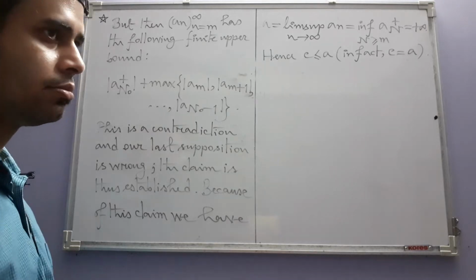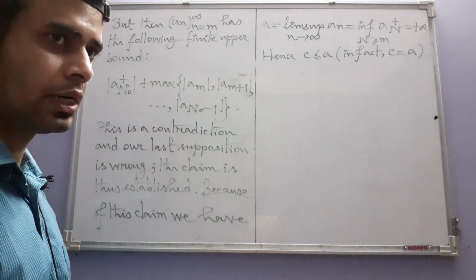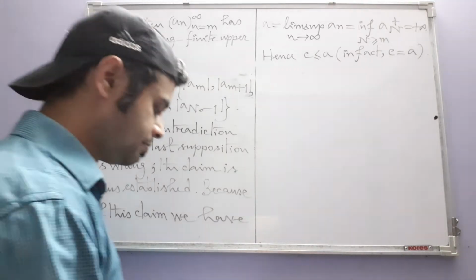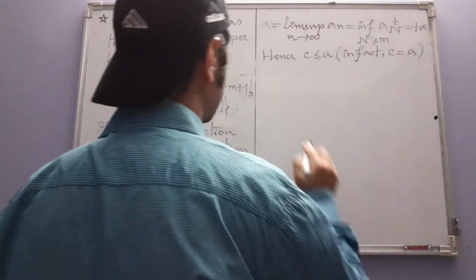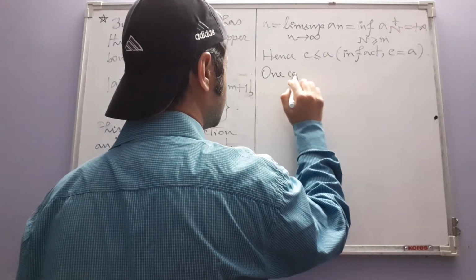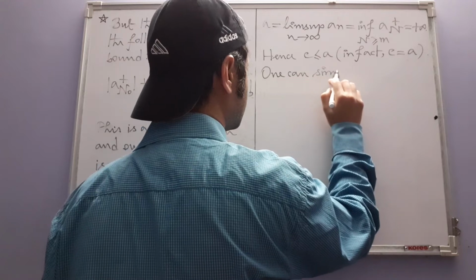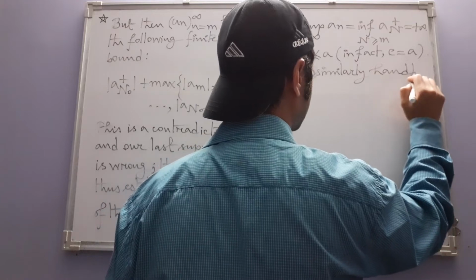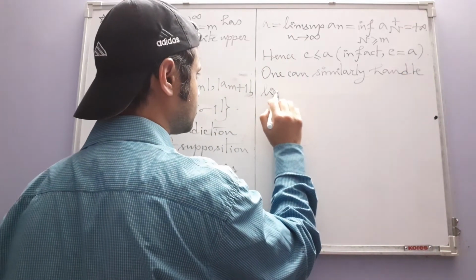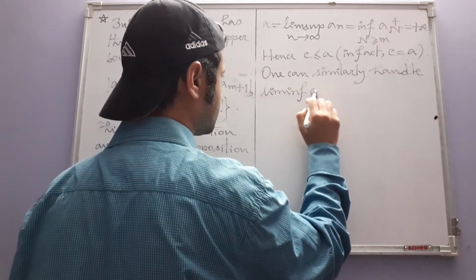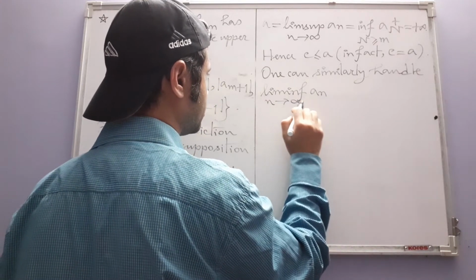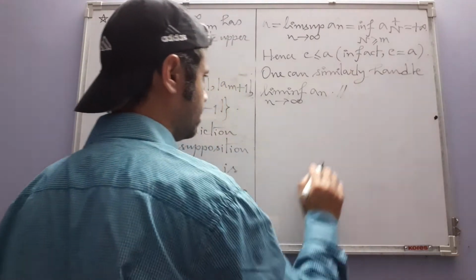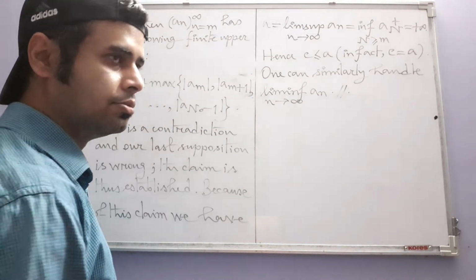So that's why the limit superior is the greatest, the largest limit point, and one can similarly handle the limit inferior, and we end the solution here, leaving the limit inferior to you.